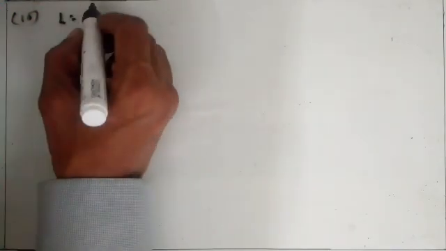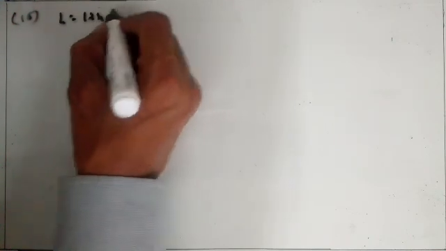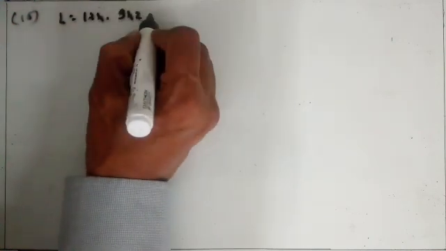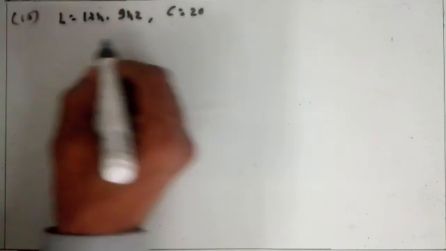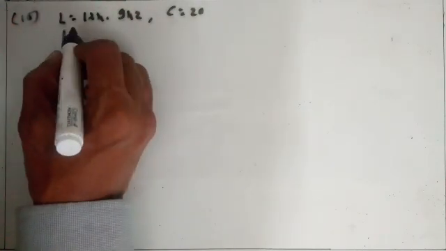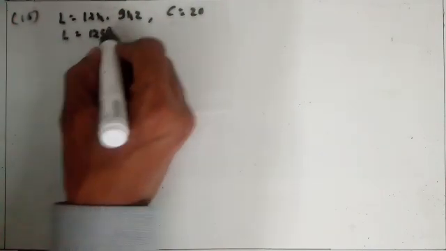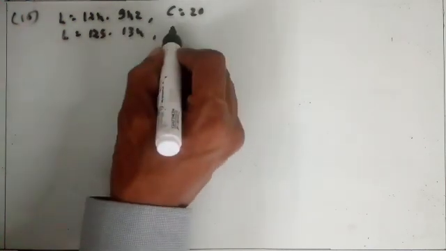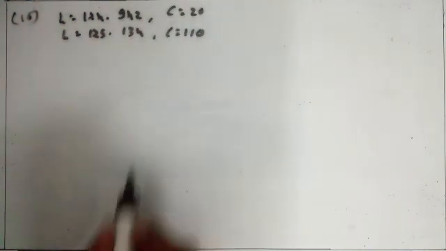Now question number 16. The length L of a copper rod is a linear function of its Celsius temperature C. In an experiment, if L is equal to 124.942, then C is equal to 20, and the length is equal to 125.134 when C is equal to 110.